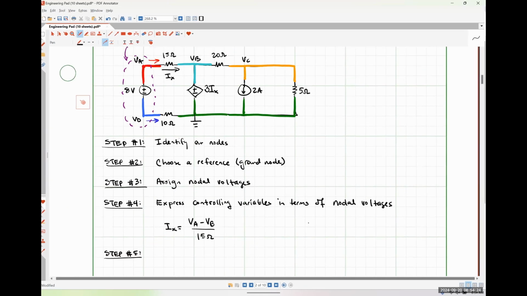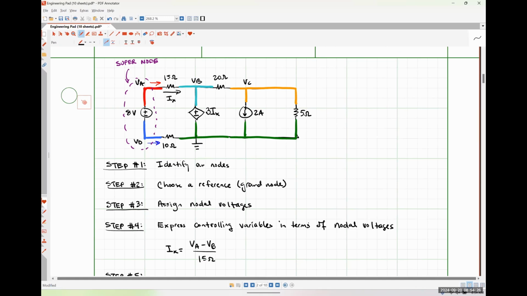Okay. So if we had this supernode around our 8-volt source, I believe pretty firmly that we should probably have another supernode around this 3Ix voltage source. Really, anytime we have a voltage source, we are going to have a supernode.